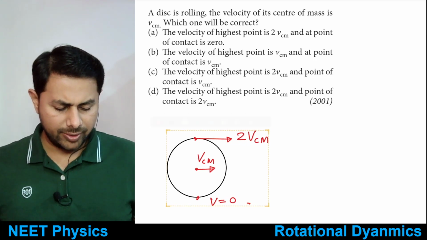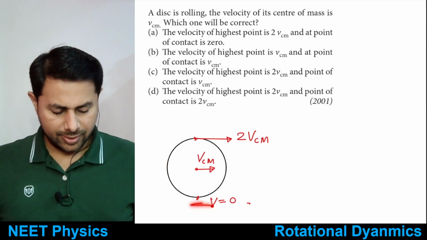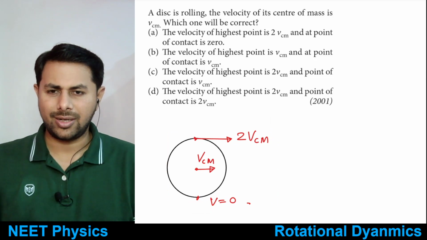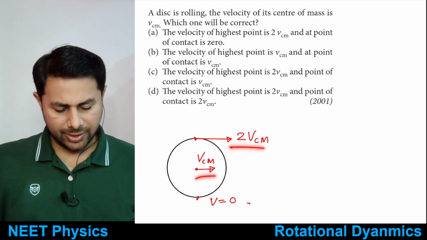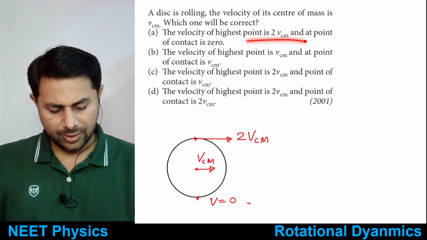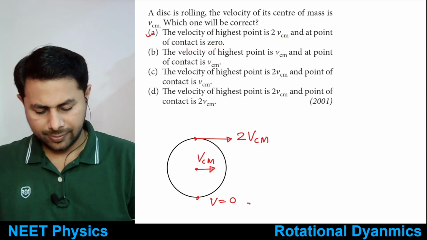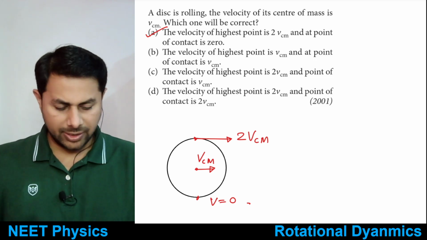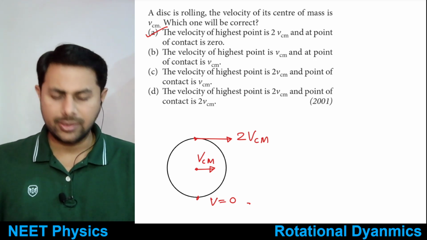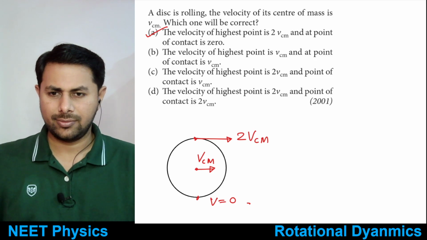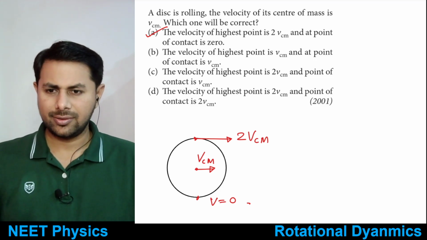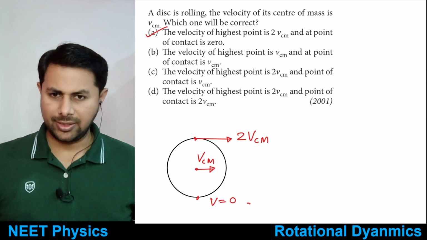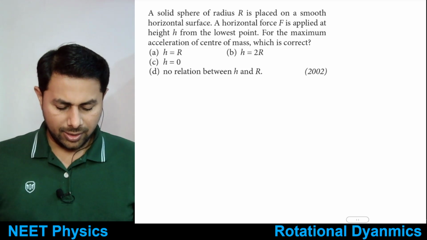So this was the first point that we studied. So which option is correct? It is option A: the velocity of highest point is 2 VCM, and at the point of contact it is 0, right? This is clear? Okay, good. Very simple question. Let's see the next one.